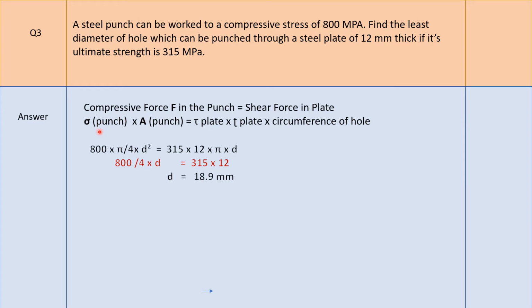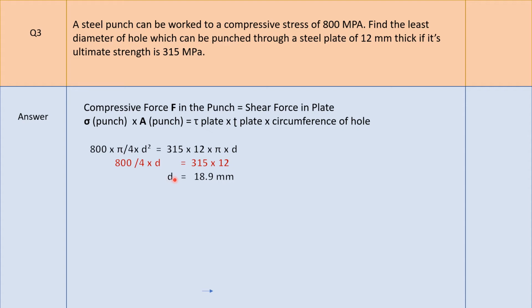800 is the stress in the punch, area of the punch is pi by 4 d square. Then the shear stress of the plate will be 315, thickness of the plate 12, circumference of the hole pi d. So compressive force in the punch is equal to shear force. Pi d gets cancelled, so 800 divided by 4 into d on the left hand side, and on the right hand side it will be 315 into 12.